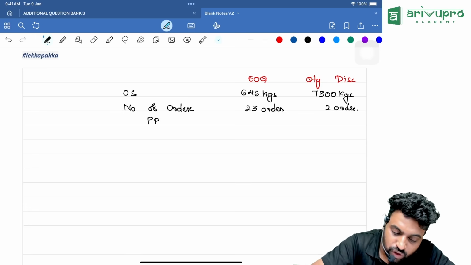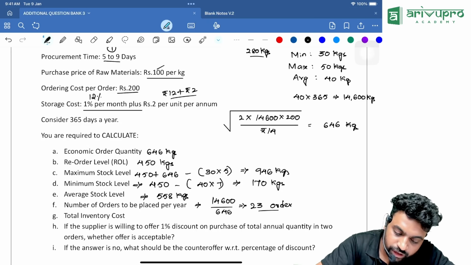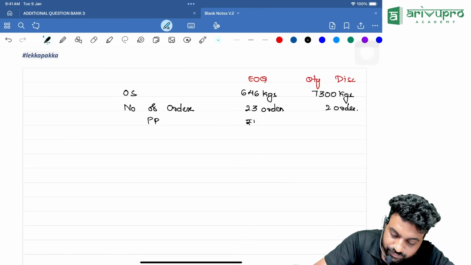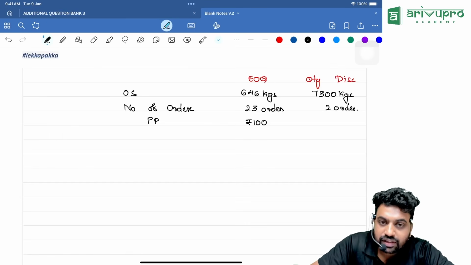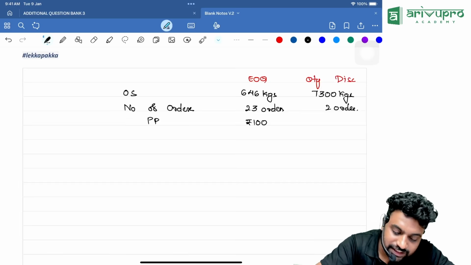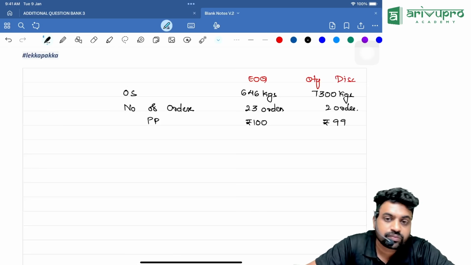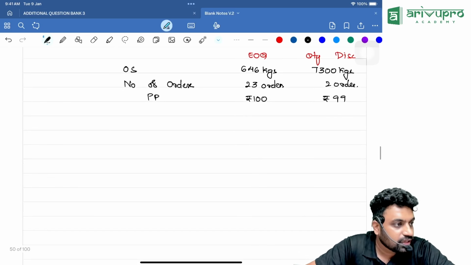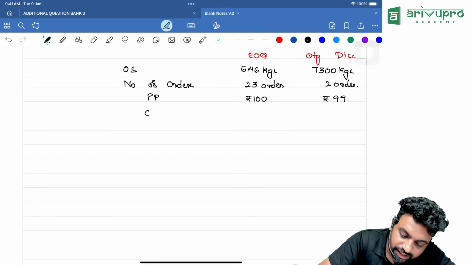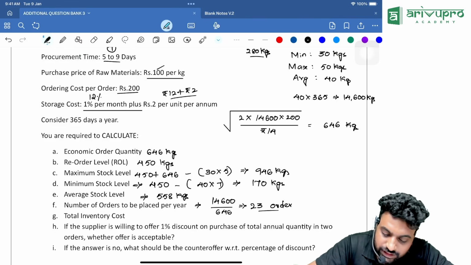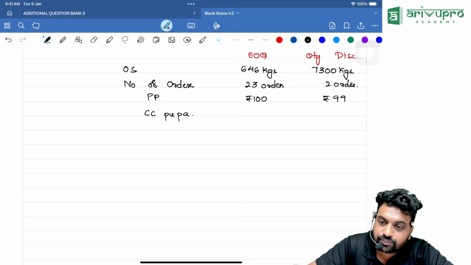Coming to purchase price. In case of EOQ, they are offering a unit at rupees 100. Correct? In case of quantity discount, they are telling us you are going to get 1 rupee discount, which will come to 99. Correct? Next is your carrying cost per unit per annum. They are telling it as 12% plus 2 rupees.